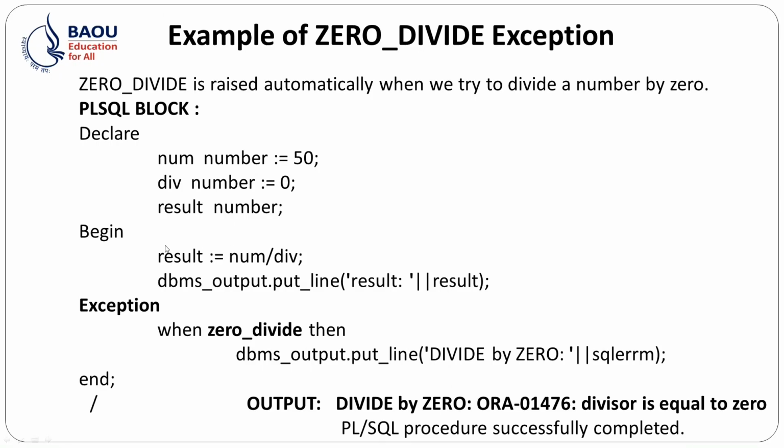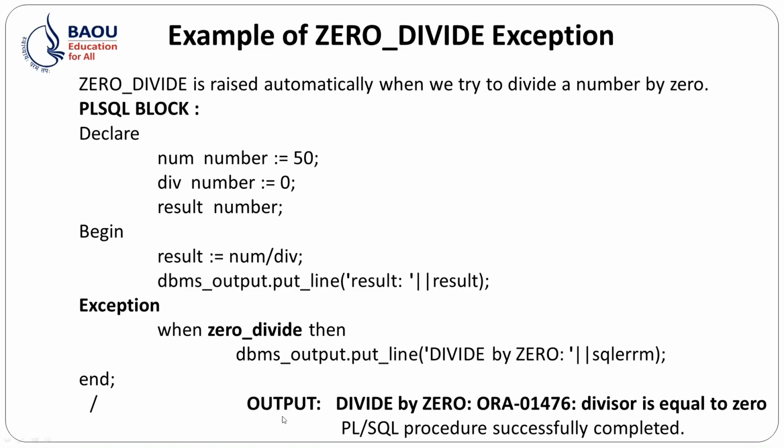So, execution control is transferred to the exception section, and here we write the ZERO_DIVIDE exception. When ZERO_DIVIDE occurs, it will display 'divide by 0' and the error message using SQLERRM.